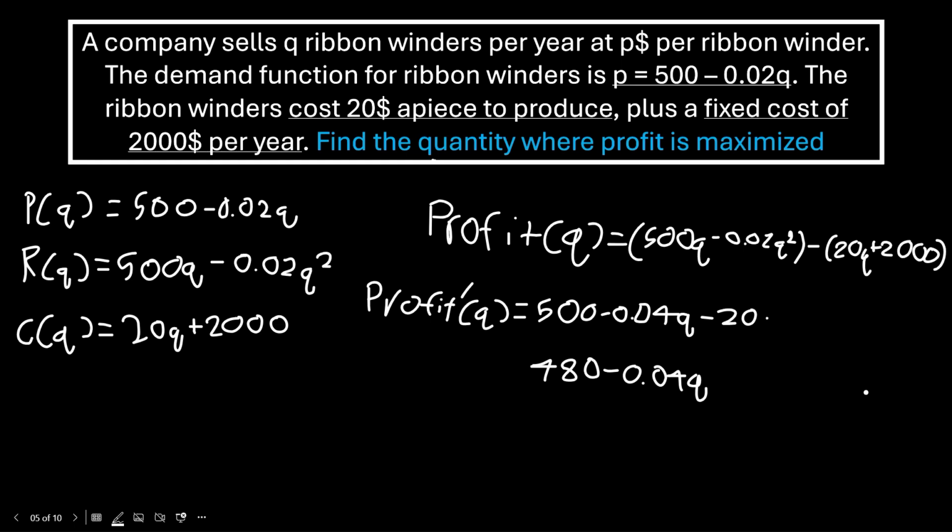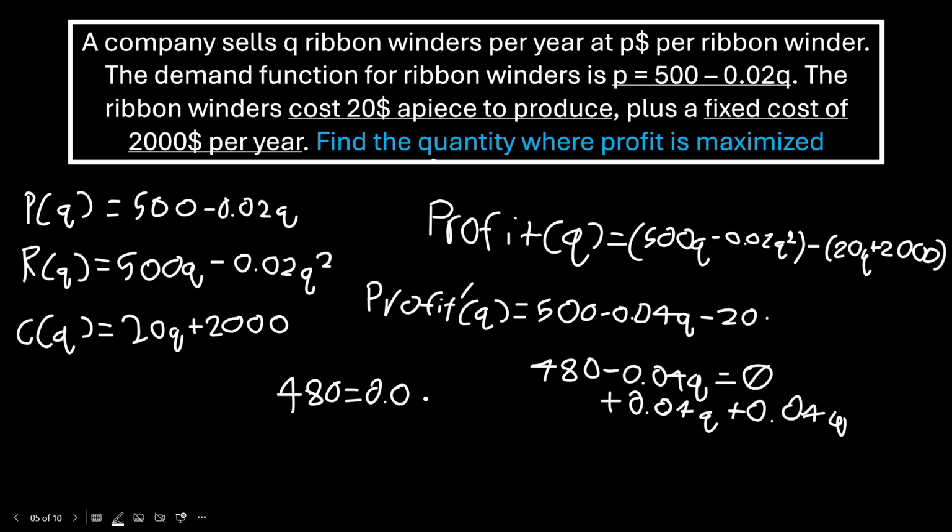Then we set everything equal to 0 and add 0.4Q on both sides to get 480 equals 0.4Q.